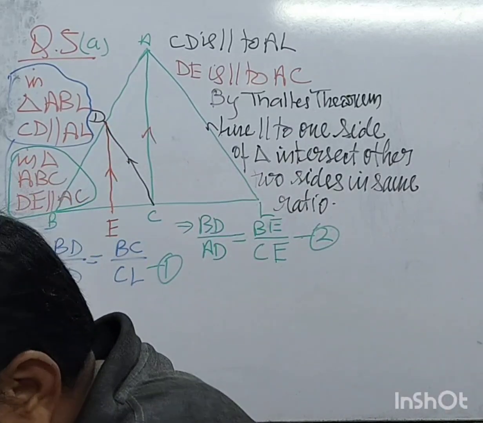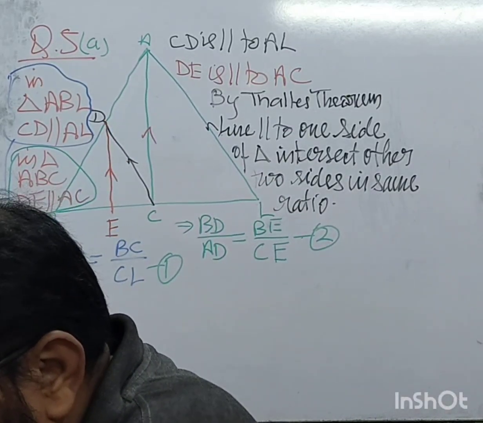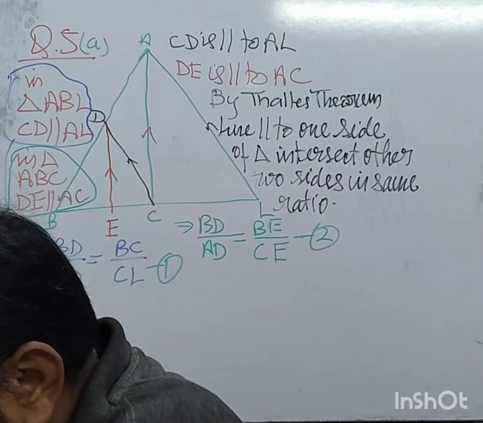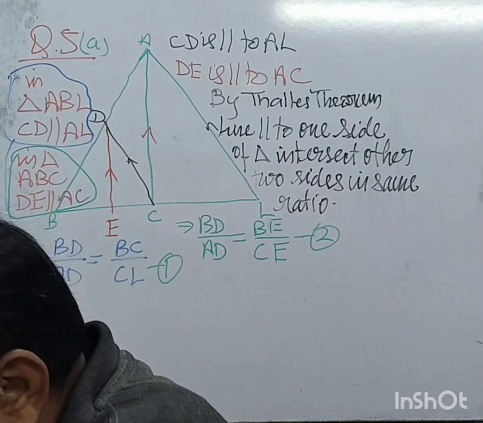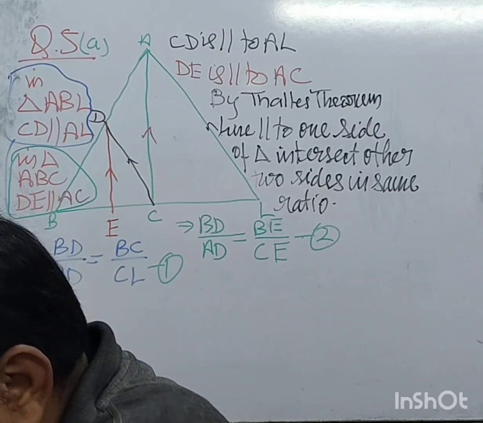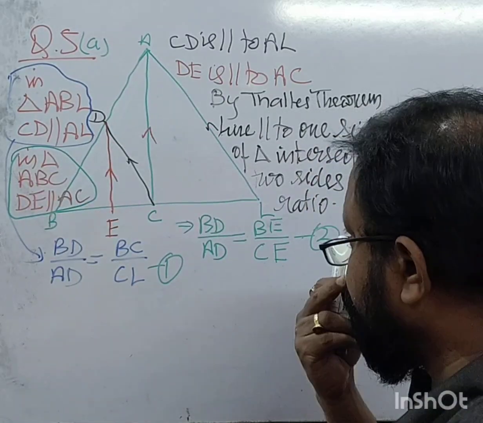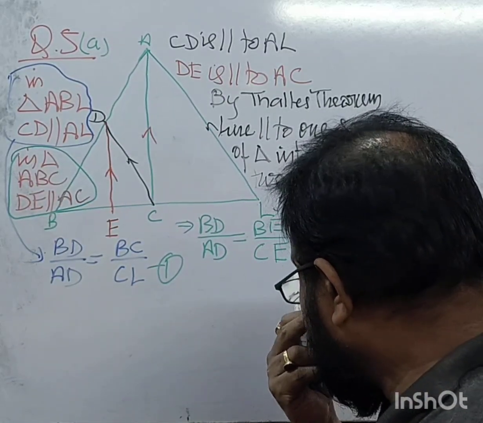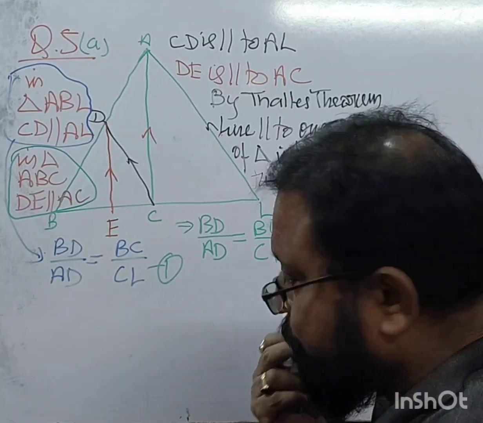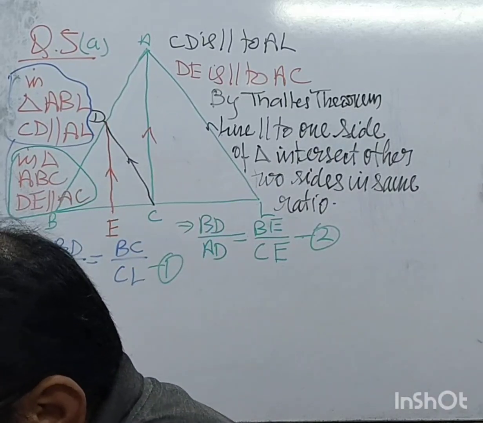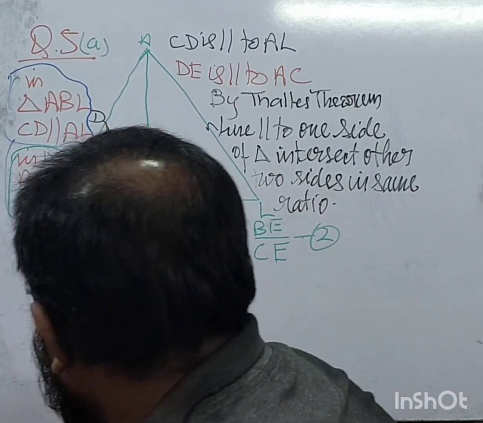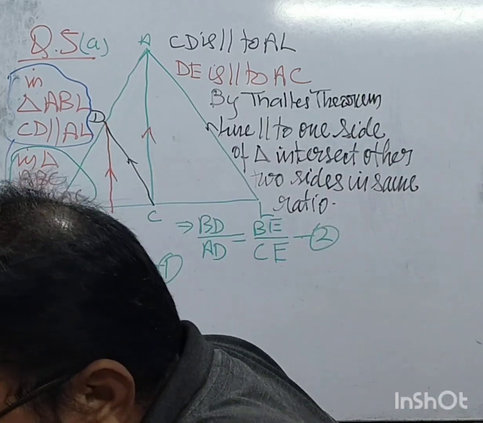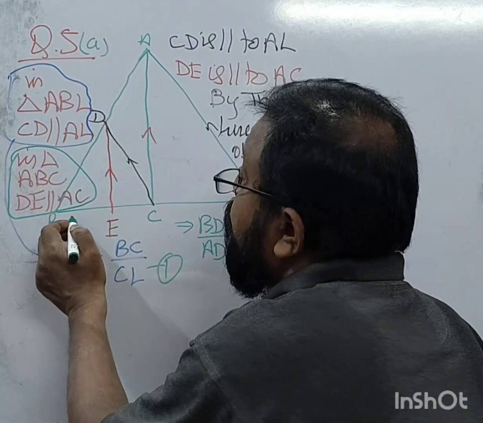What we have to do in this? Find CL. And what is given to you? BE is 4.